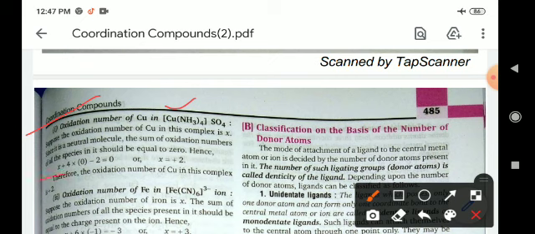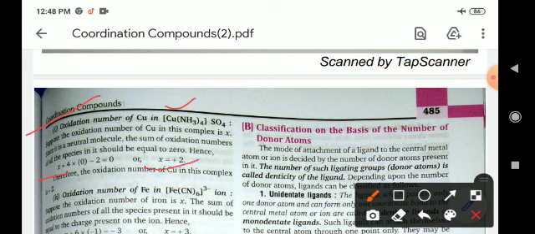For copper we will suppose X, plus 4 ammonia. Ammonia is a neutral ligand, so the number of ammonia is 4, and 4 into 0, because it is a neutral ligand and does not give any charge, and minus 2, which comes from the ionization of this complex ion, equals 0.